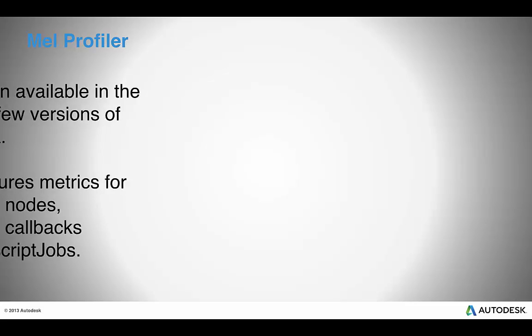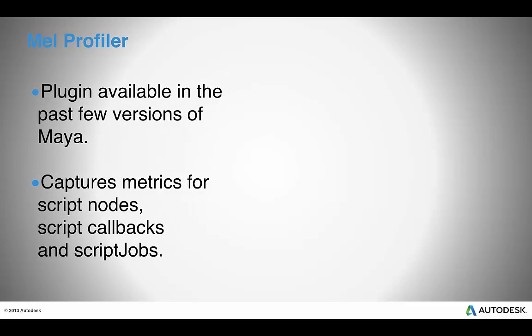This is a plugin available in the past few versions of Maya as well, and it captures metrics for the script nodes, script callbacks, script jobs, and any Mel script that you may like to profile.